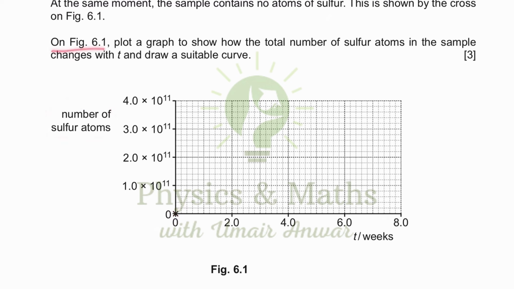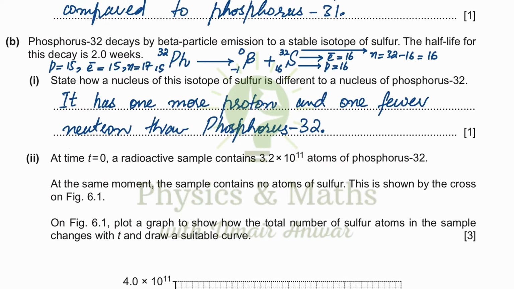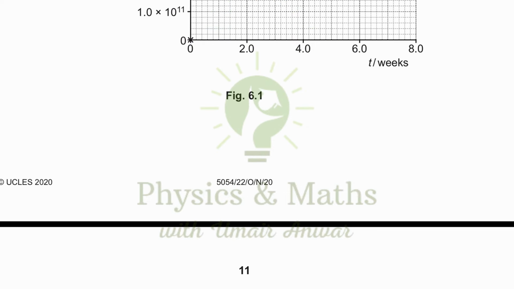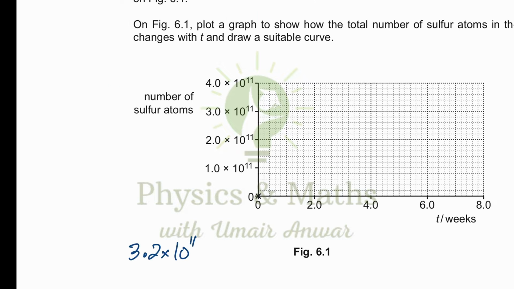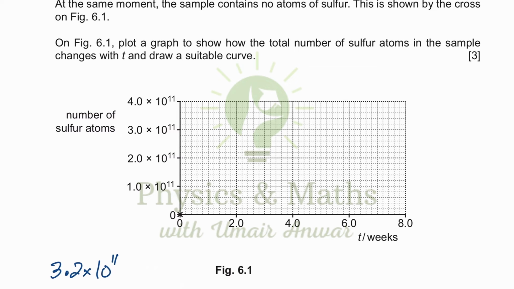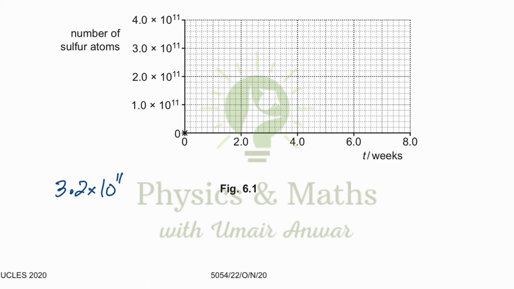On figure 6.1, plot a graph to show how the total number of sulfur atoms in the sample changes with t or with the variation in time, and draw a suitable curve. Now since the half-life of phosphorus 32 is given to be 2 weeks, so it means that initially there would be 3.2 into 10 raised to 11 atoms of phosphorus as given in the question, and they would start decaying, and after 2 weeks this would be halved.